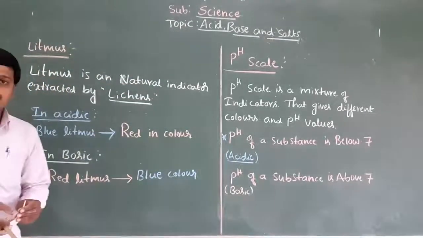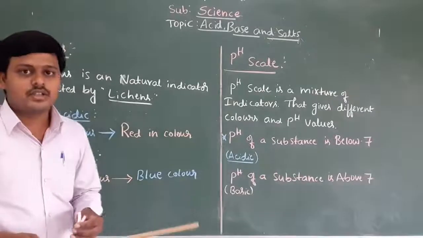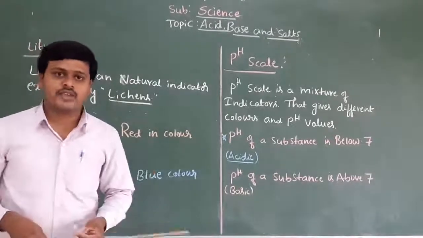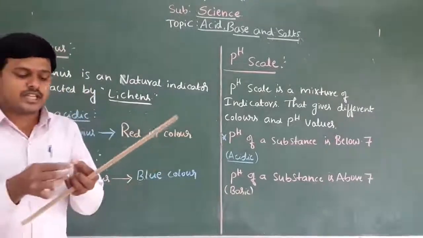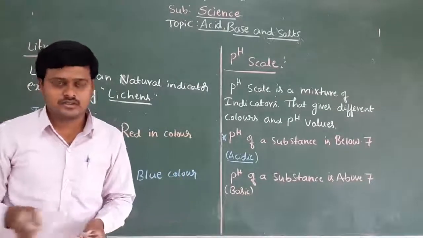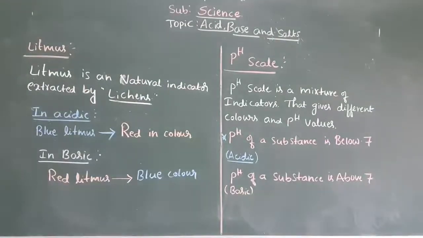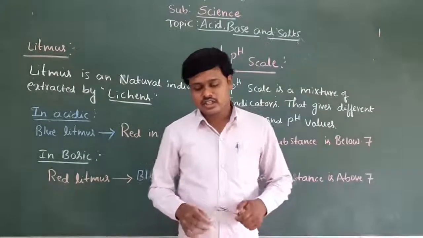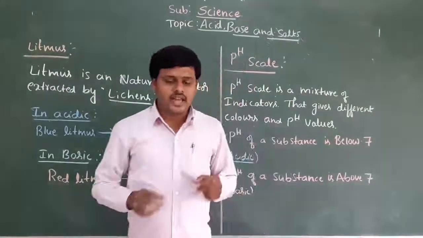So dear children, just observe one activity. Based on this activity, we will easily identify the color changes that happen in acidic and basic solutions. Dear children, now we are going to conduct one activity.